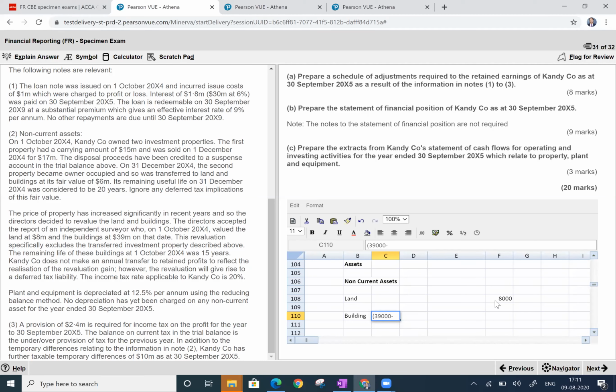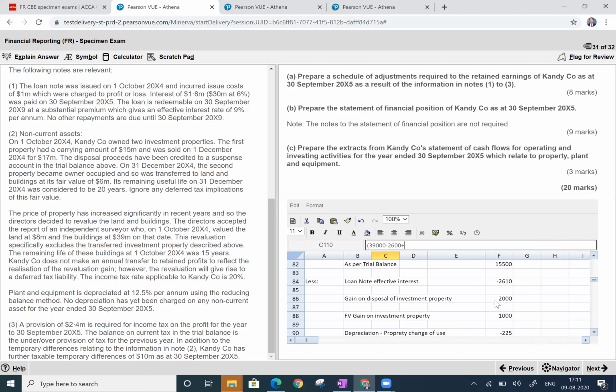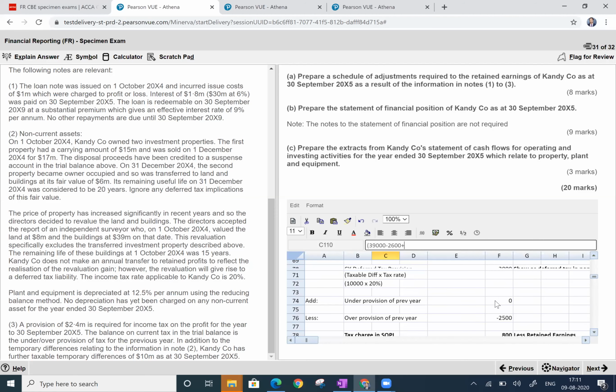But there's a depreciation for this building as well. What's the depreciation for that building? 2,600. It doesn't end there. That's an existing building. Now what happened? Another investment property came into the picture. What was the value of that investment property, 5 million or 6 million?